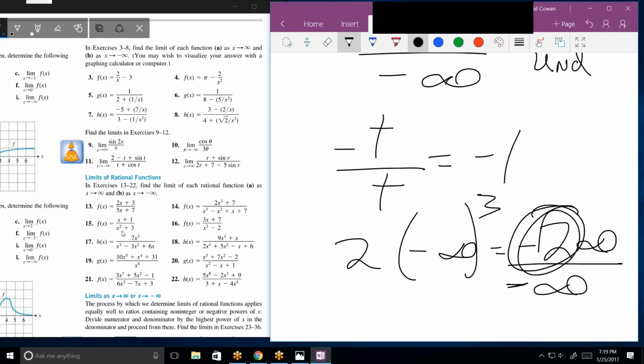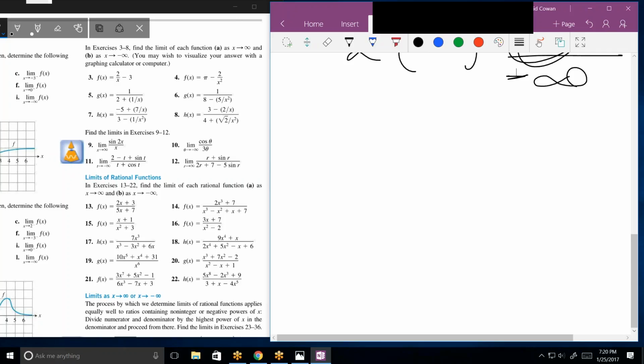Only if those exponents are the same is it that ratio of coefficients. If the top exponent is 7, the real problem I'm looking at is 3x to the 7th divided by 6x to the 3rd.